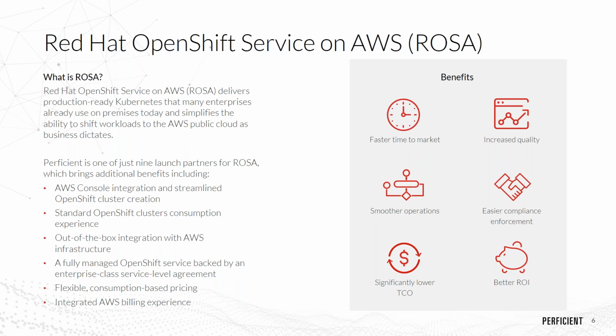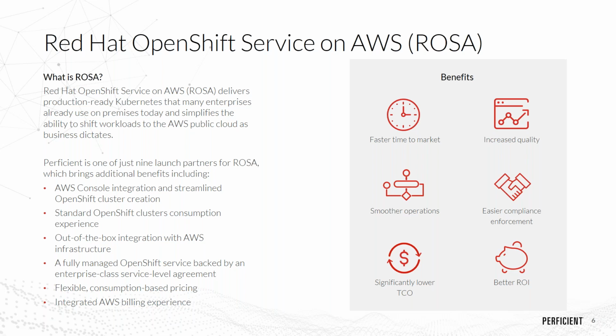There's a shared support model between Red Hat and AWS, so you can sleep at night knowing your infrastructure is taken care of. And of course, it's AWS cloud-based pricing, based on your actual consumption, which allows you to really control your cost and grow at your own pace.